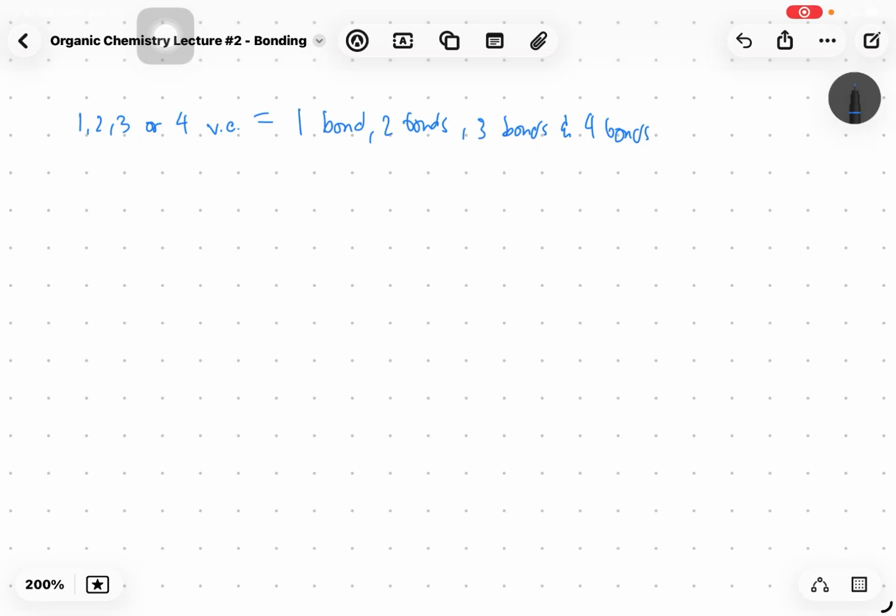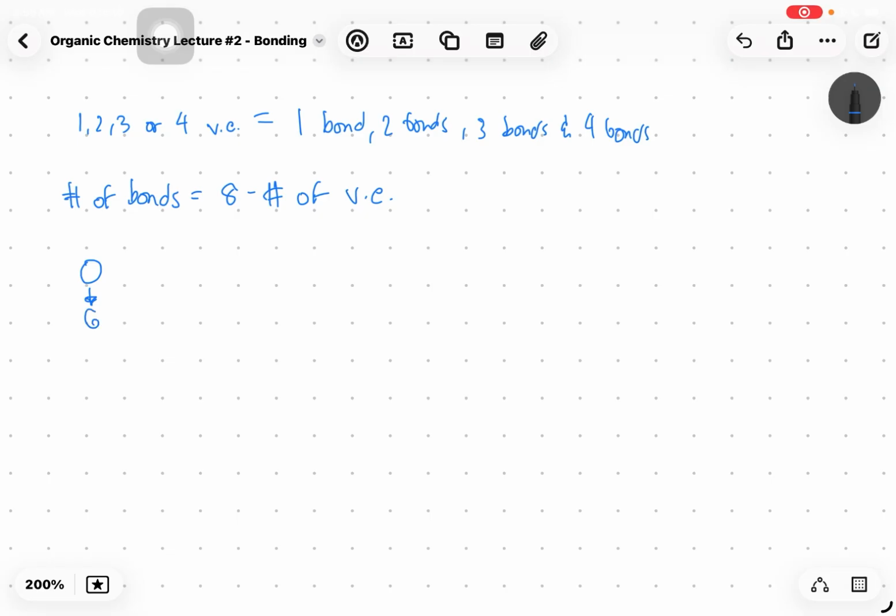Now how about the atoms with 5 or more valence electrons? We just have to use this equation. So the number of bonds is equal to 8 minus the number of valence electrons. So let's say you have an oxygen atom. The valence electrons of oxygen is 6.